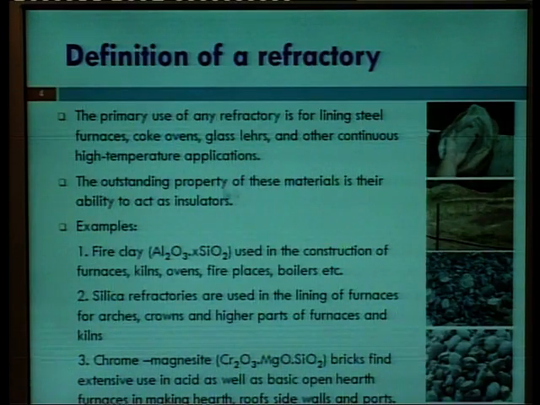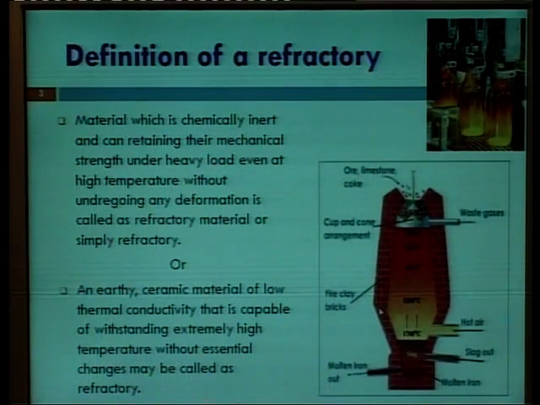The outstanding property of these materials is their ability to act as an insulator, a thermal insulator, electric insulator, etc., not at ordinary temperature but at very elevated temperatures as high as 2000 to 3000 degrees Celsius, as we have seen in the previous slides in the furnace.